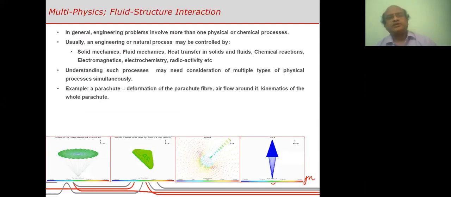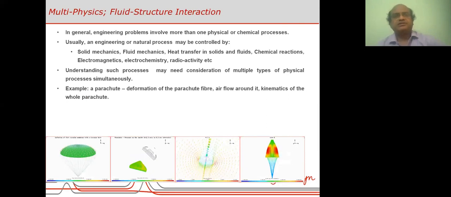If you look at multi-physics in general and fluid structure, the engineering problems involve more than one physical or chemical process. But normally we simplify them, isolate them and simplify them for the sake of ease of solving these problems.